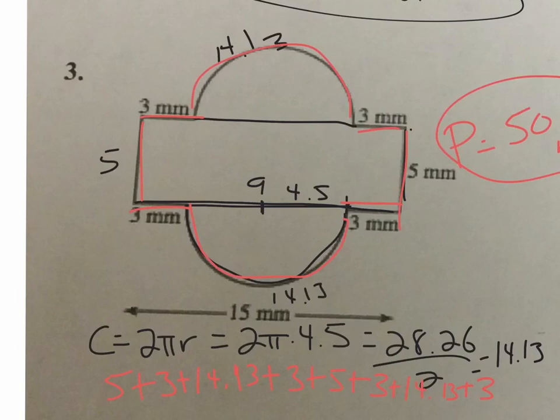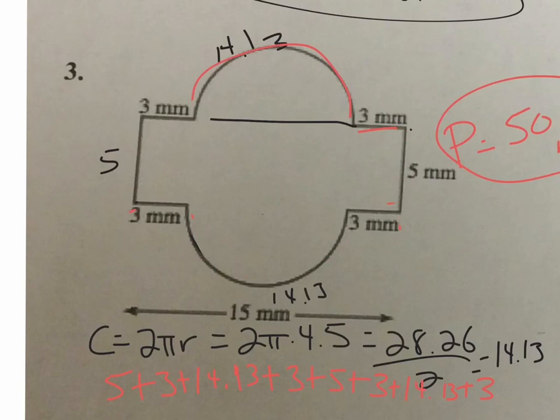Okay, now I'm going to go to my area. So now we want to break it into different shapes. So you look at the shape, and some people will see different shapes, but what we're going to focus on is trying to see the shapes. So I see that I could take this shape and add a line here and add a line here. Now I have a rectangle and then I have 2 half circles, right?